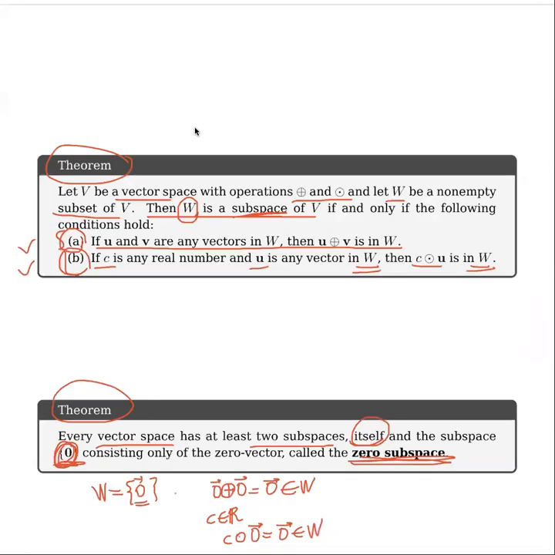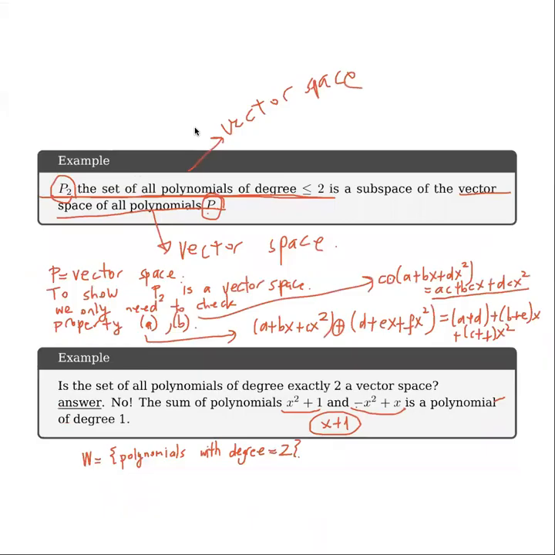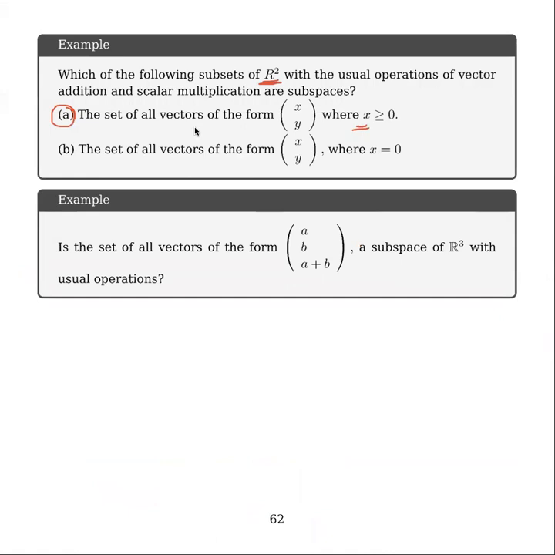Is it true that the sum of two such elements is still such an element? And B, is it true that if I take such an element and multiply it with a scalar, then the result is still such an element? Okay, so let me write it here.